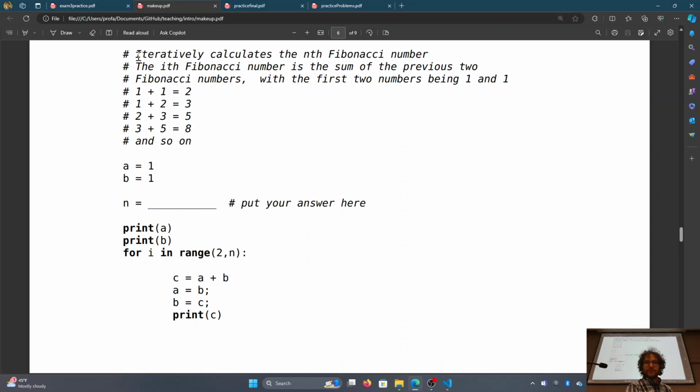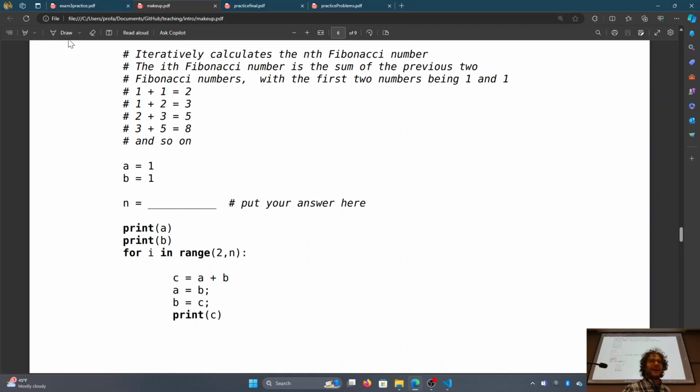The Fibonacci sequence, as I explained here, is very popular in both mathematics and computer science. We like giving it to you as the first example of recursion, as well as the first example of terrible recursion, because if you implement it naively, recursively, it's actually exponential in terms of time to calculate.